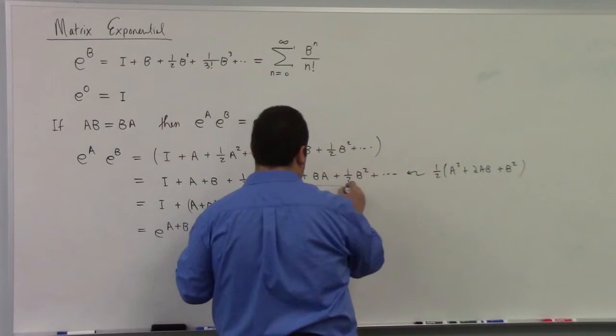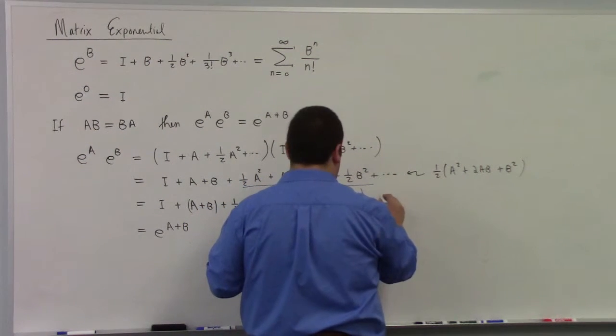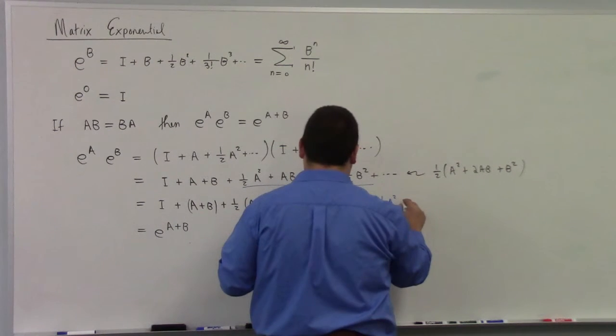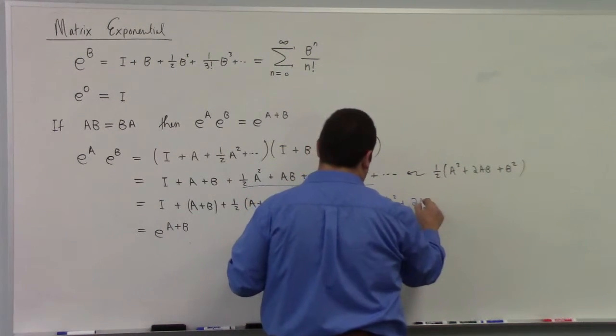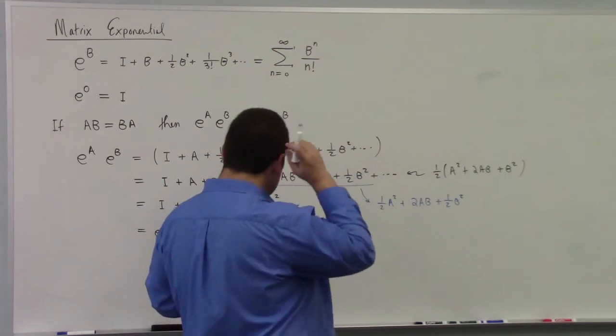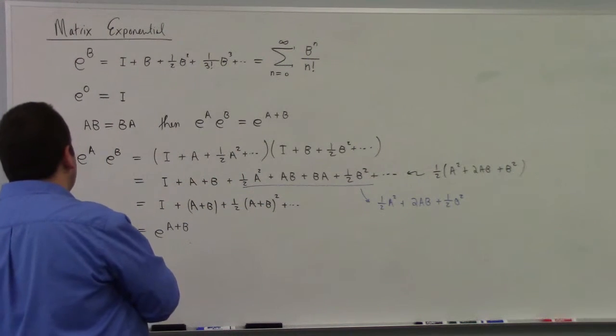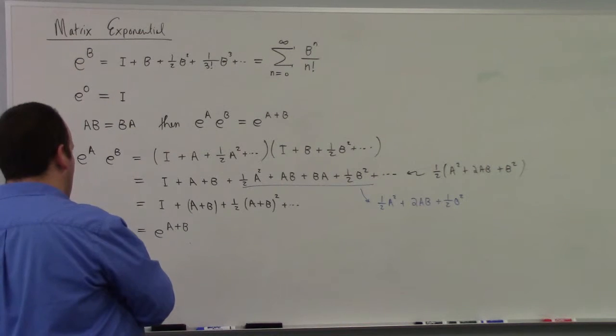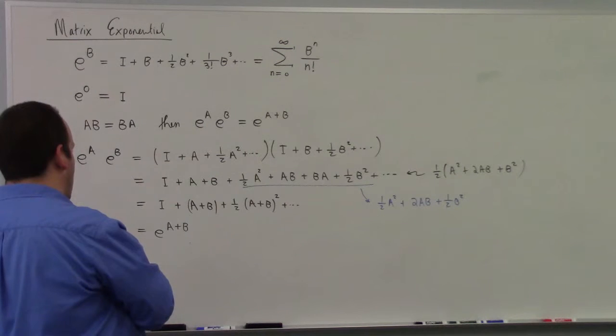So these terms, I can't see past what you're saying at the moment. 1/2 A squared plus, like you said, 2AB plus 1/2 B squared. Don't you only have one AB term?